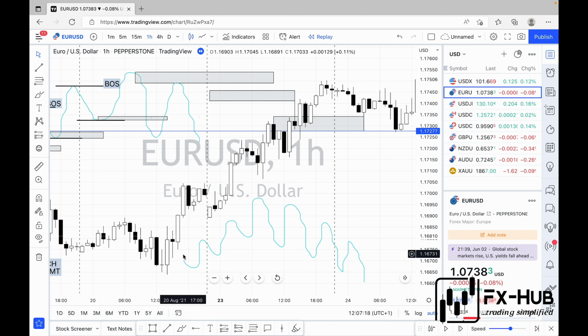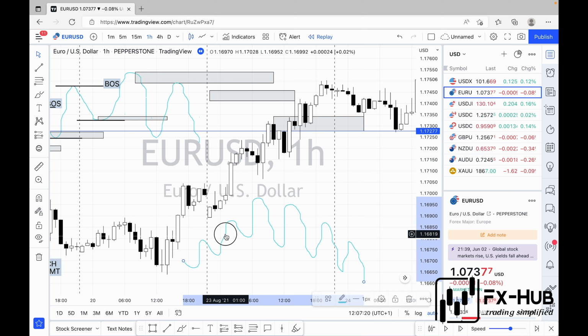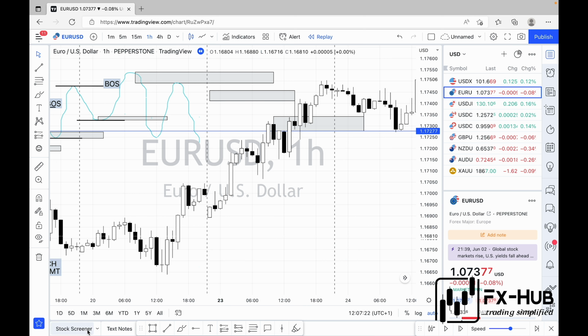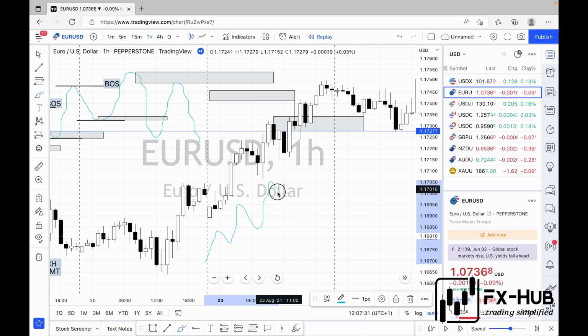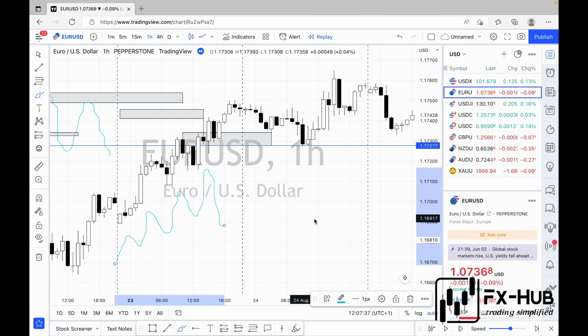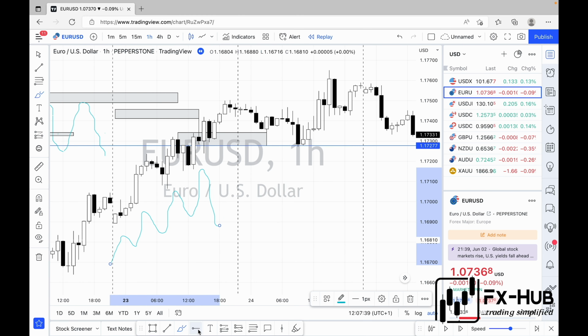Now, that being said, let's quickly move into the next thing. So where do we know that a change of trend has occurred? We'll say a change of trend has occurred if, now this is an up market, a bullish market, the market breaks the lower high.